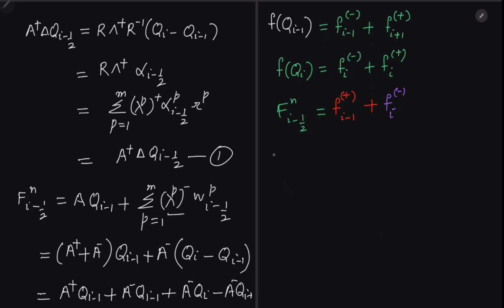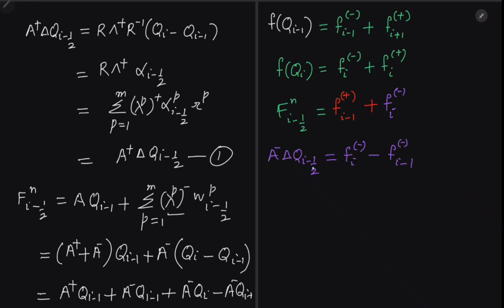So we can arrange the fluctuations. These are called the fluctuations, delta Q at i minus 1 half. These will be equal to F negative at i minus F negative at i minus 1.